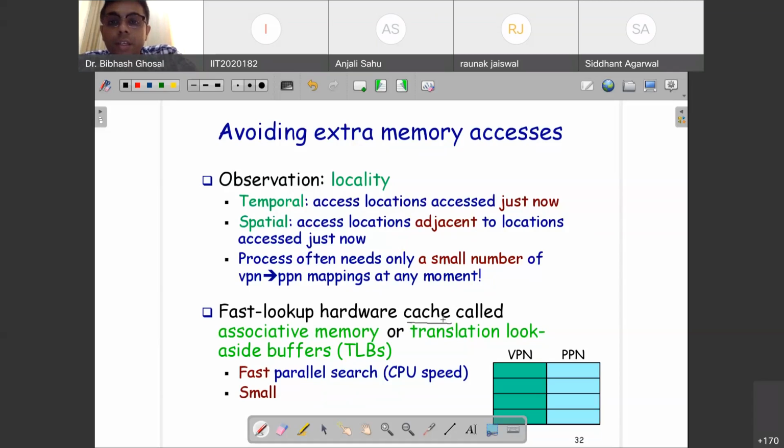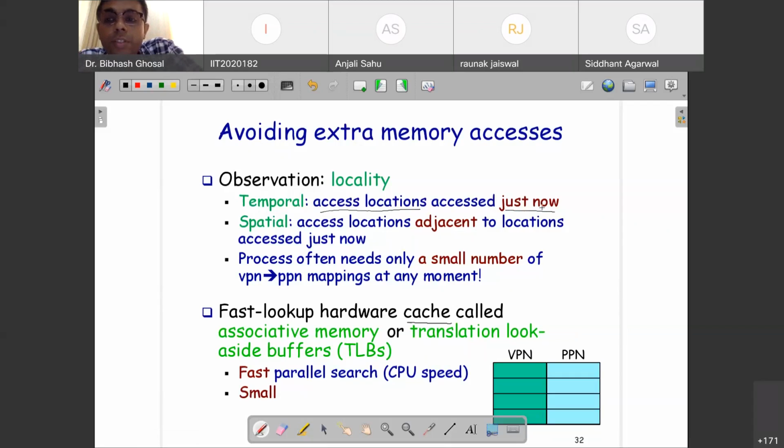That is, if you are currently executing some instruction now, there is a high probability that you will either execute the same instruction again, or you will execute instructions which are closer to that instruction in the memory. So this is called temporal locality and spatial locality. Temporal means you access the locations which have been accessed just now.